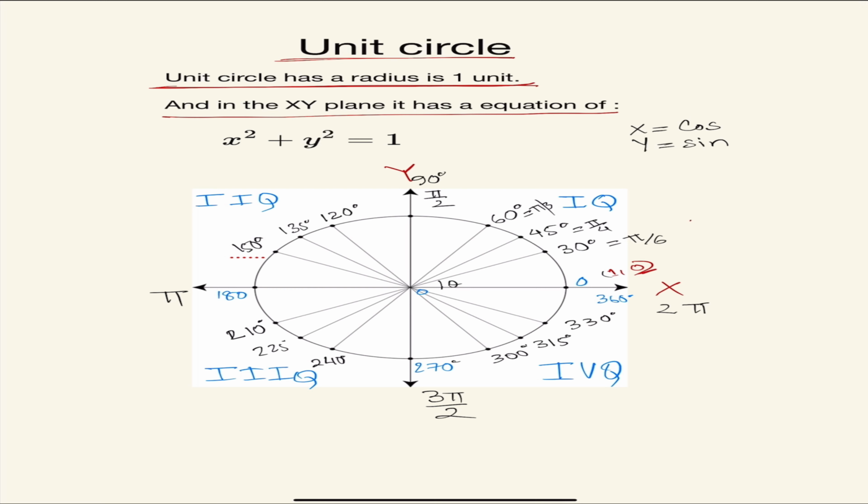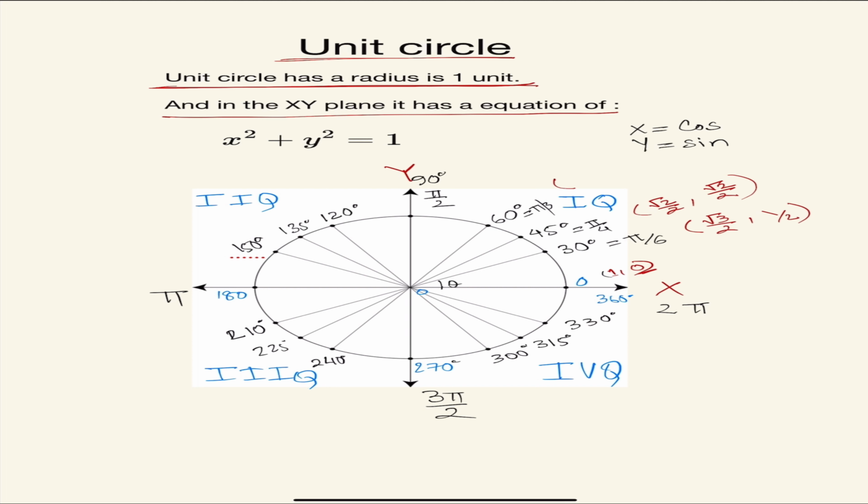At 30 degrees, cosine is square root 3 over 2, and sine is just half. Same thing happens with 45 degrees. X values are cosine, so cosine 45 degrees is square root 2 over 2, and sine 45 degrees is the same, square root 2 over 2.